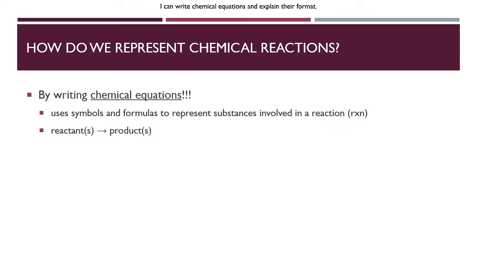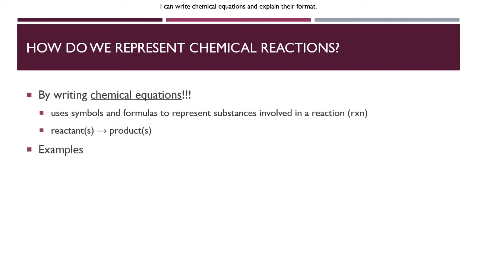The basic format for any chemical equation is as follows. We write the symbols and the formulas for any reactant or reactants on the left side. Then we separate them from our products with an arrow that always points from reactants to products, and the symbols and formulas of our products go on the right side.